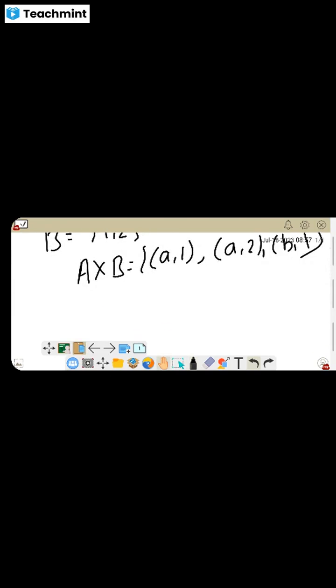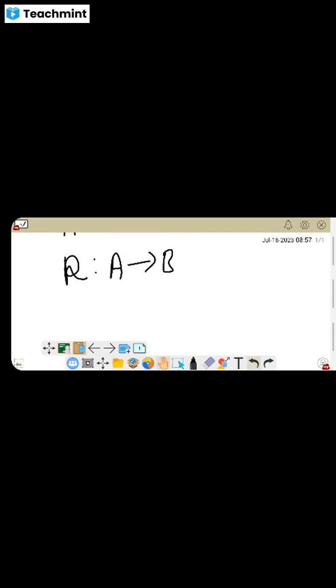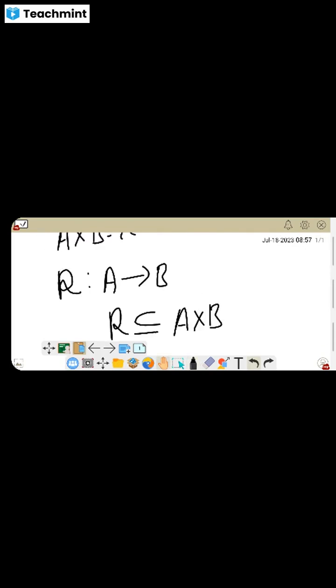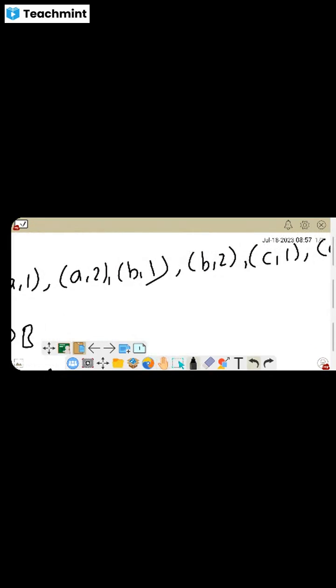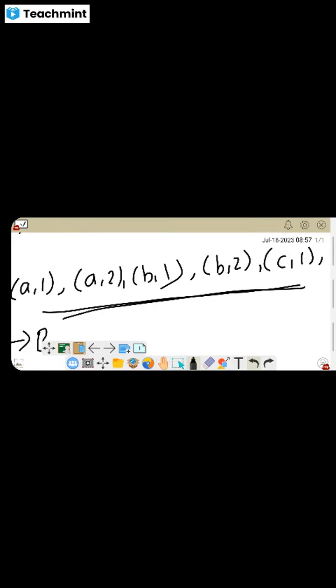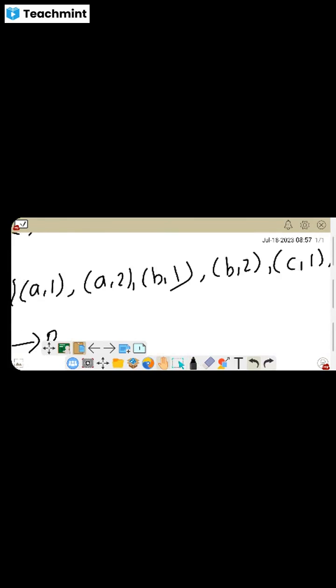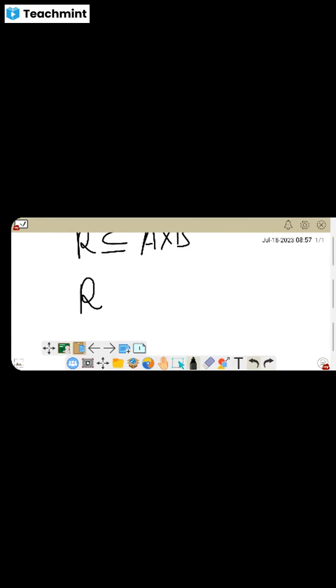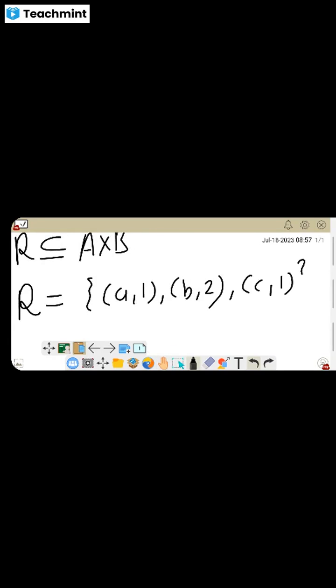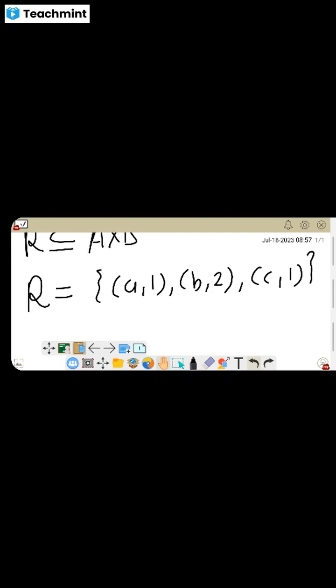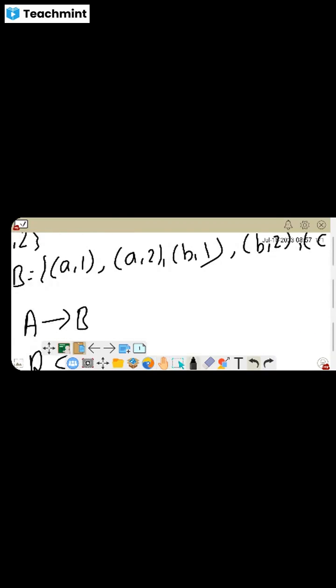So this is A cross B, and so we can define a relation R from A to B, and R is a subset of A cross B. Subset means R can have any number of elements from this A cross B. R has a few of them, or it can have all, like A comma 1, B comma 2, and C comma 1, having these three ordered pairs, which are from A cross B, right?